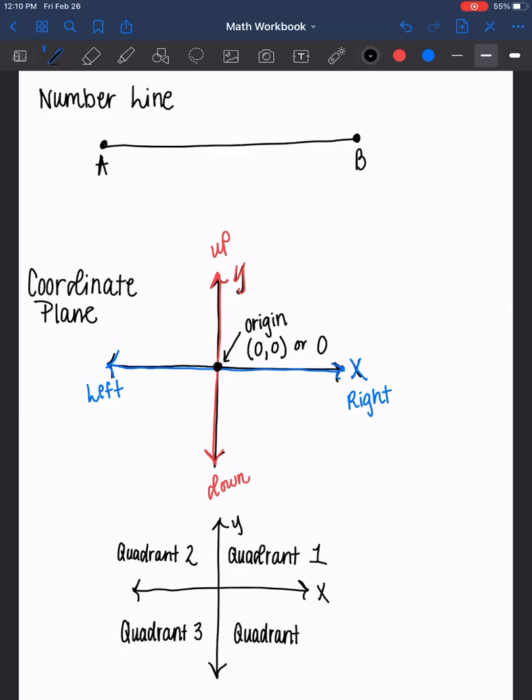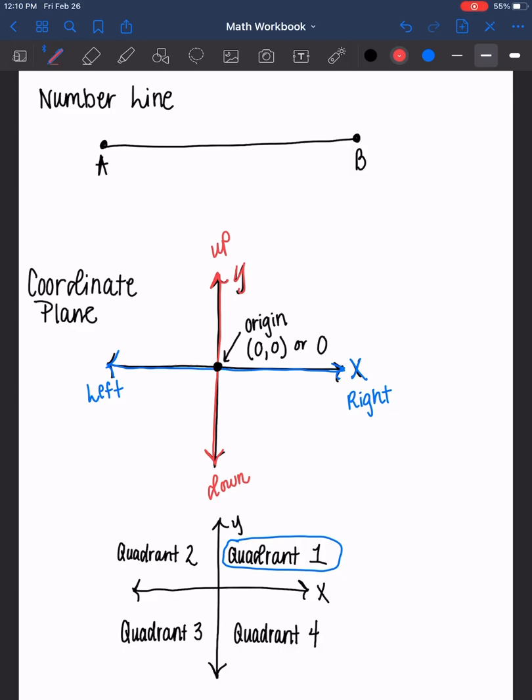So this is how we identify points on the coordinate plane. Using quadrants as the different sections helps us identify where the points are going to be plotted. But for right now, we're only going to focus on quadrant 1.